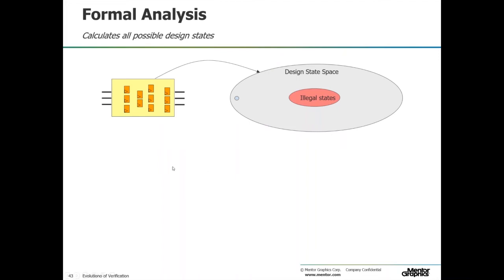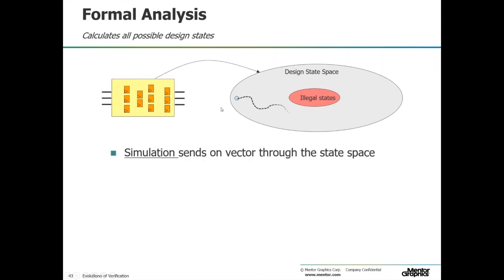So if you think about your DUT here, simulation is, I'm going to put some stimulus on this design, and I'm going to predict what the output should be. And because there are now registers in here, this design has state. By running a simulation, I start from reset, and I kind of wander through the state space of my design. Based on the stimulus I gave it, it tracks some vector through the state space.